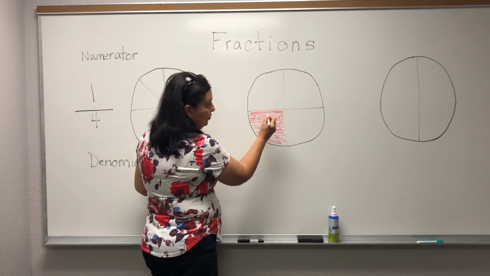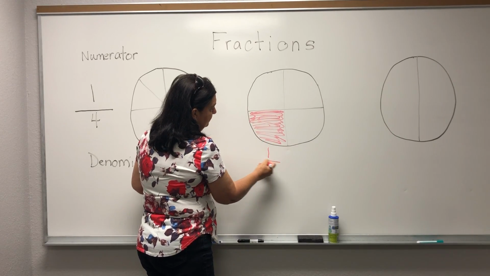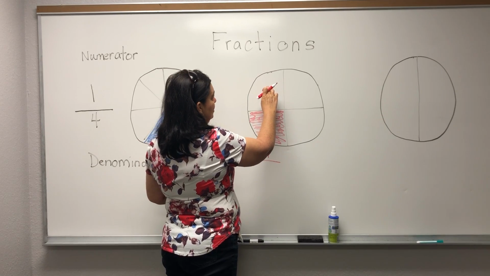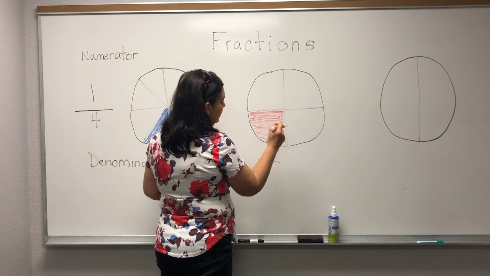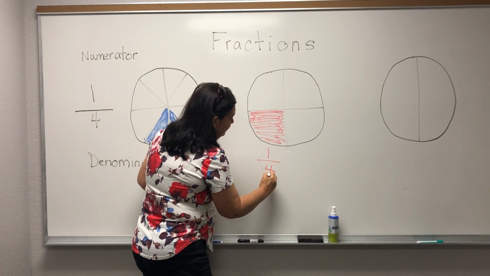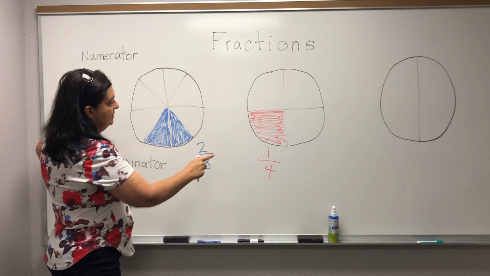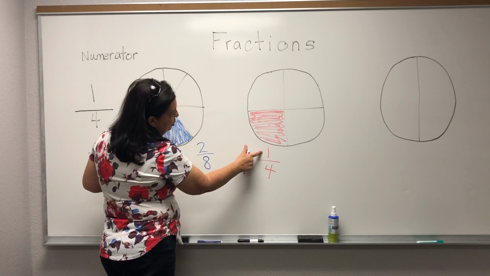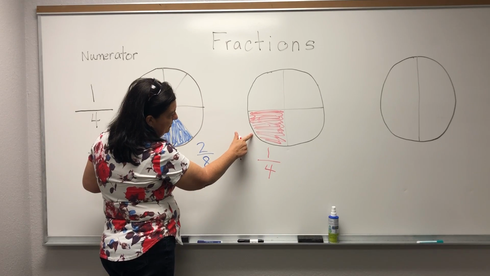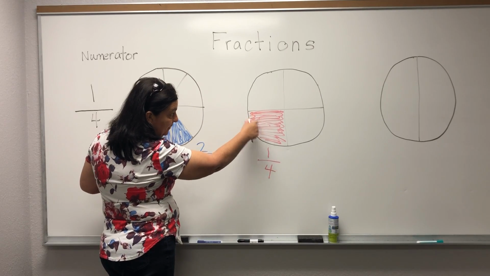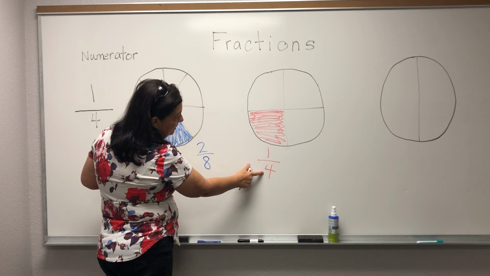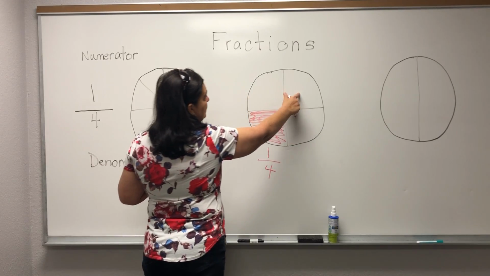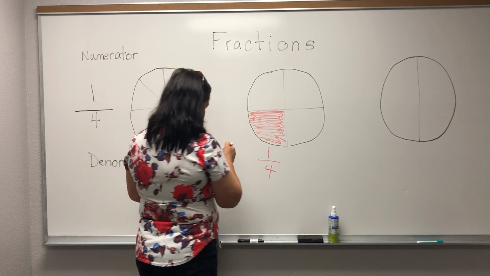Okay, so we have 1, and how many did we divide into? 1, 2, 3, 4. So we say that's 1/4. And remember, this is the numerator, the denominator. The numerator is how many pieces we're going to eat or how many we shaded in. The denominator is how many times we've divided the pie.